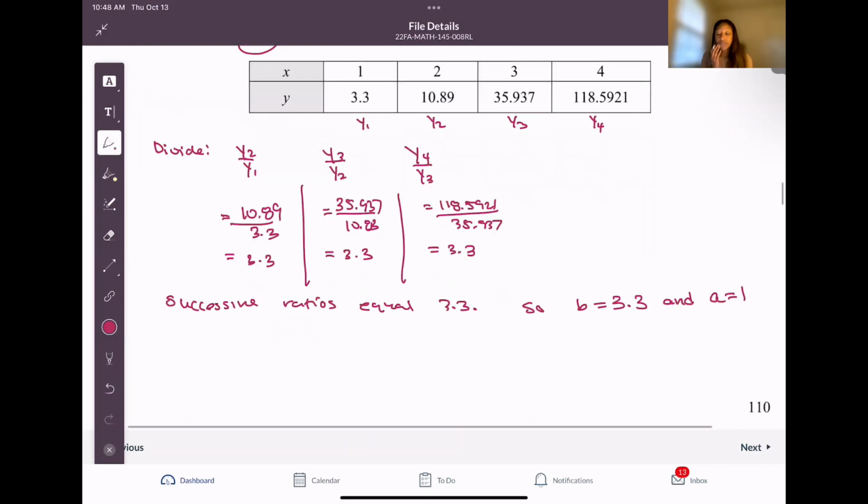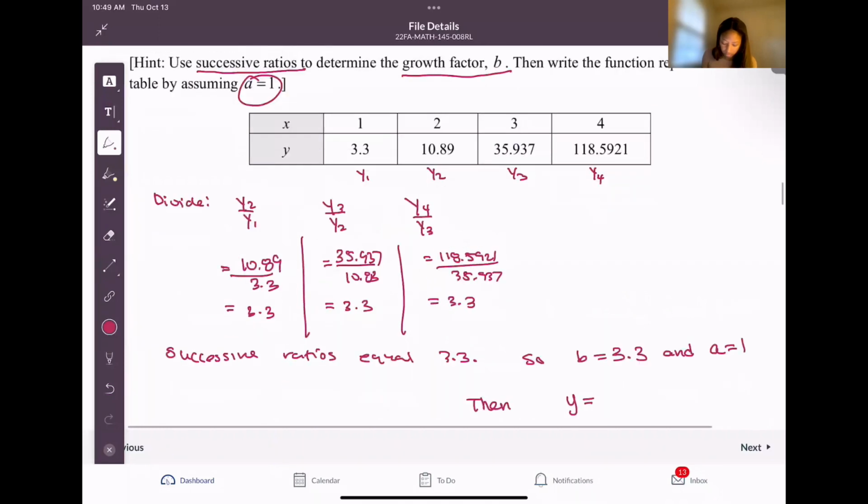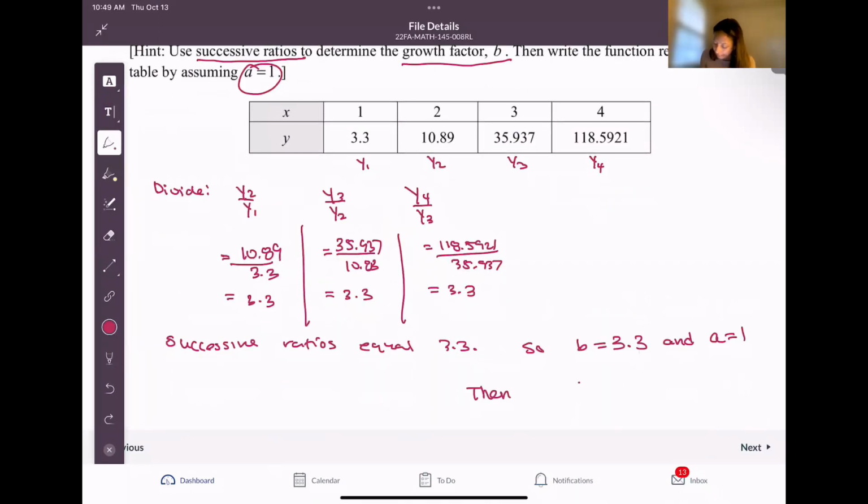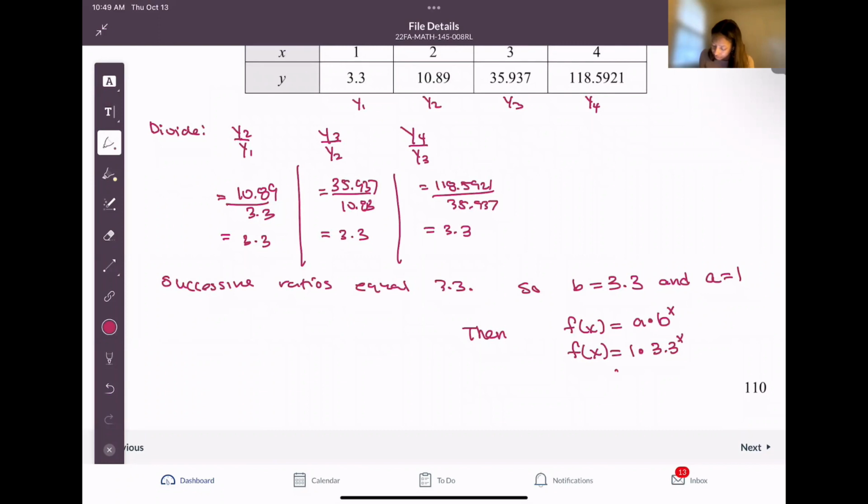So putting those two things together, the exponential function is going to be of the form y or f of x, it doesn't matter which one you use. Well, it said function, so let's use function notation: f of x equals a times b to the x. This would be f of x equals 1 times 3.3 to the x power, or you can just write it as f of x equals 3.3 to the x.